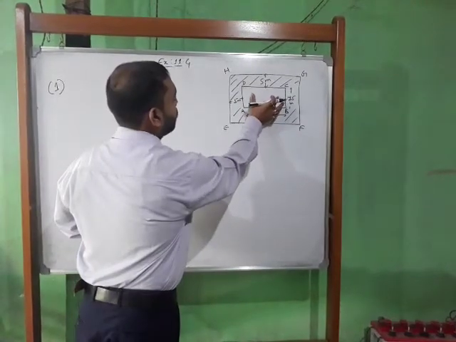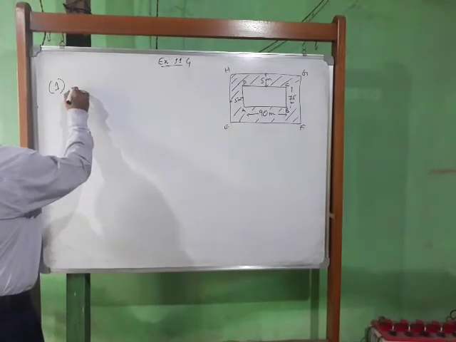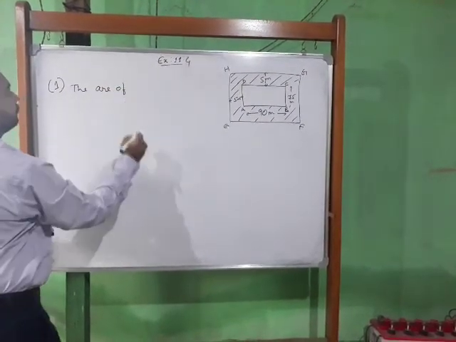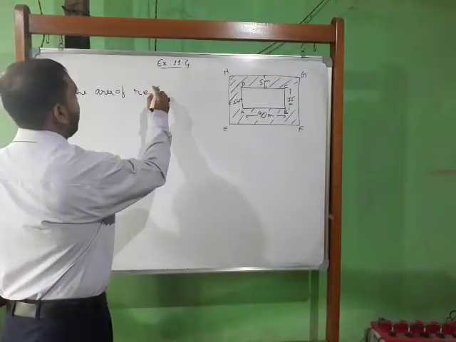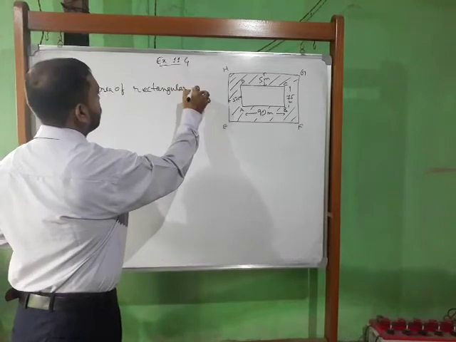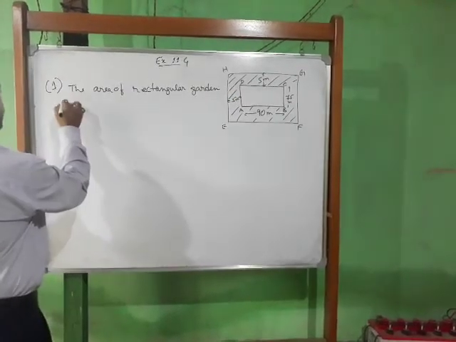Let us find the area of the inner rectangular garden ABCD.